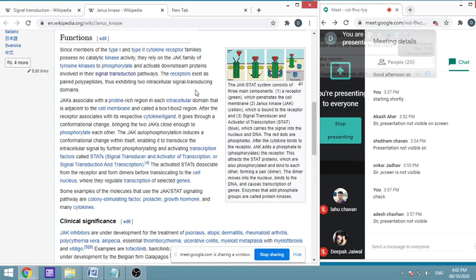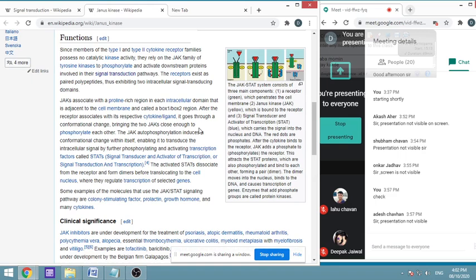They will cause one after another activity, and after JAK, the STAT will be activated. These are the various transcription factors, that is signal transducer and activator of transcription. So these are the transcription activators, and therefore this is known as the JAK-STAT pathway. The name Janus kinase gives JAK.